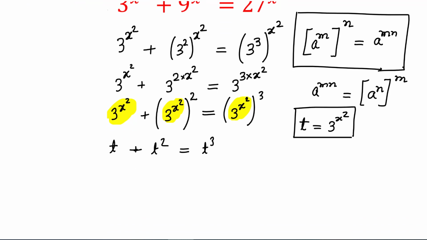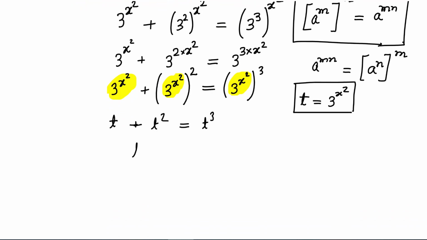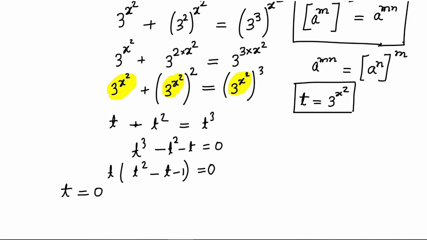So now I have to solve this simple expression. This will be t cube minus t square minus t is equal to 0. From here, if I take t common, t square minus t minus 1 is equal to 0. So one solution we will have is t is equal to 0. But remember, what is t?